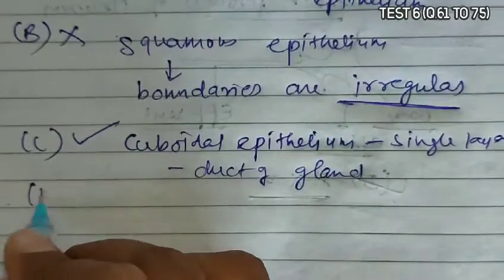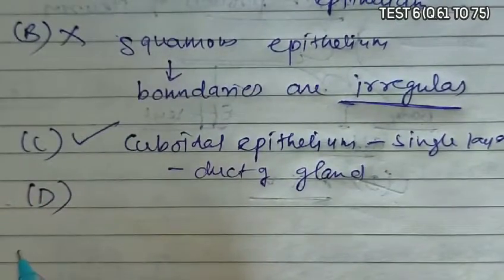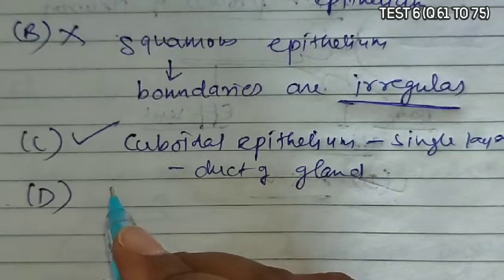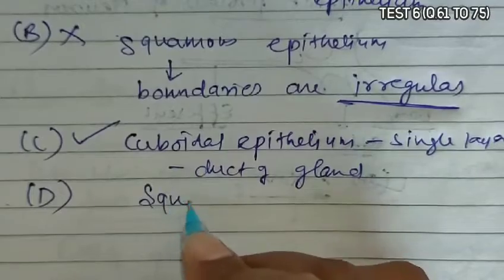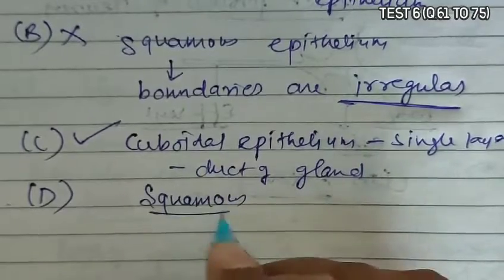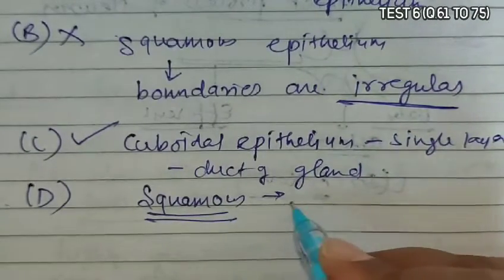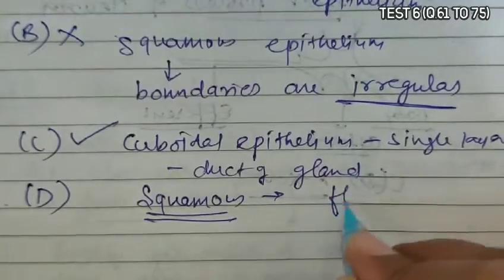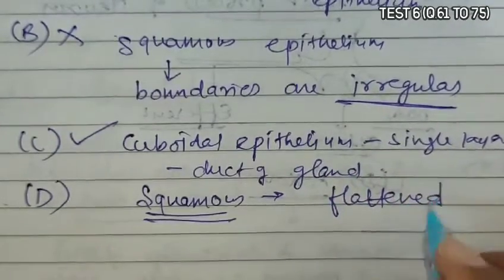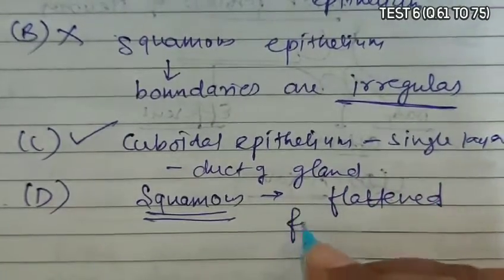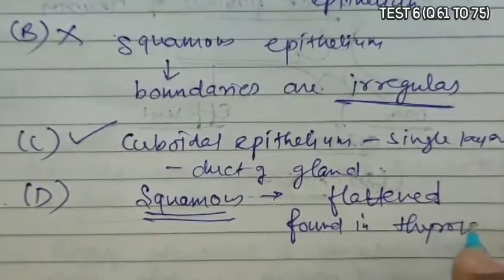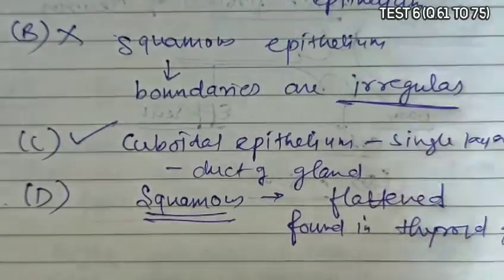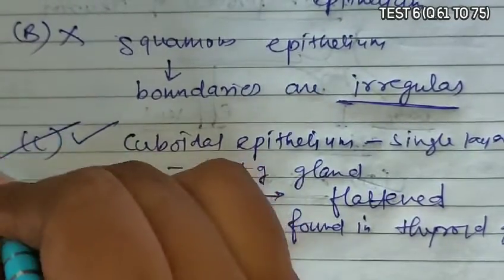Statement D says cuboidal epithelium cells are flattened and found in the thyroid gland. Actually, squamous epithelium cells are flattened, so it is incorrect. So C is the correct answer.